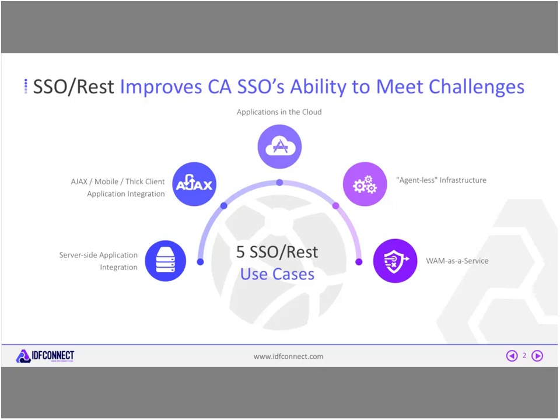In other words, with SSO REST, and we're going to get to the how of it in a little bit, you can take a SiteMinder policy server infrastructure, all the policy servers, all your directories, your databases for the audit database or whatnot, and put them into a cloud provider of your choice, whether it's Azure or Amazon, and provide the full capabilities of CA-SSO as a managed service without requiring the apps to reside in the same cloud or the same virtual private cloud, or dealing with VPNs or any heavy networking.